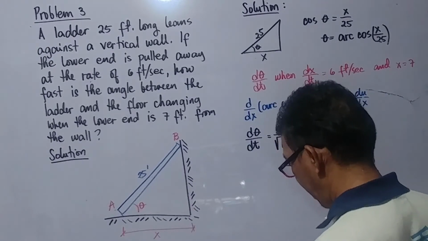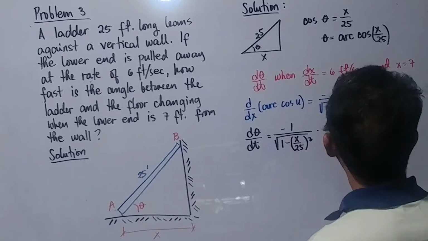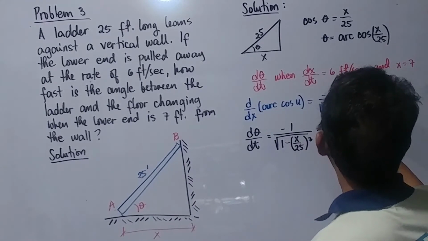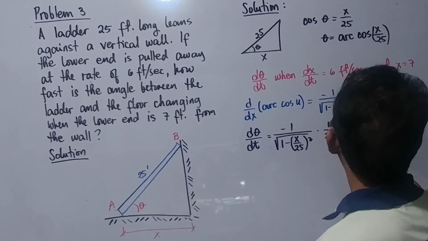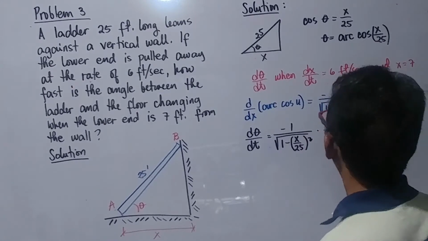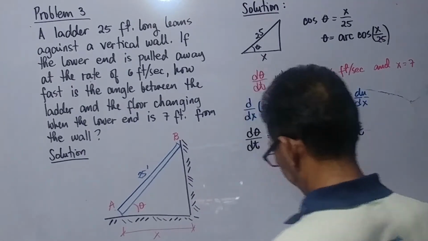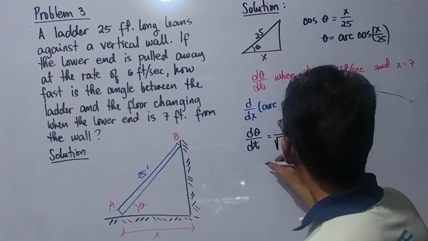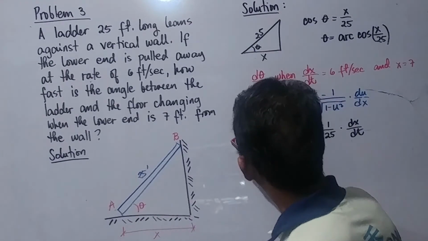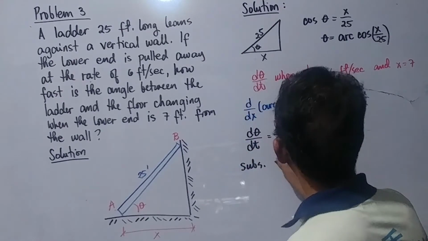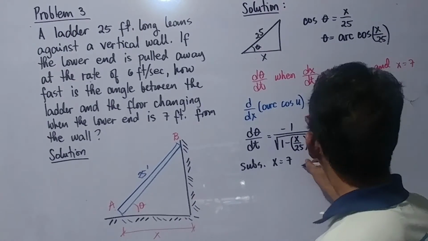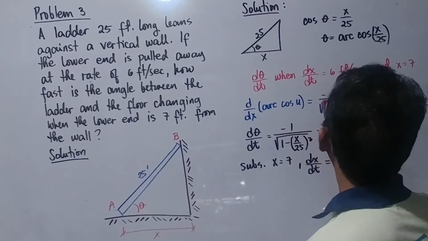So substituting now, substitute values, x equals 7 and dx dt equals 6.